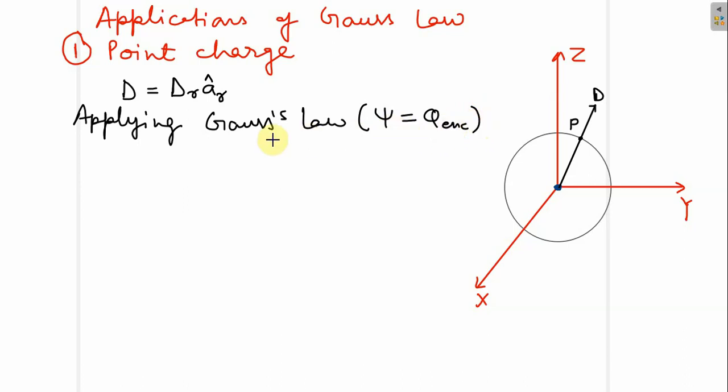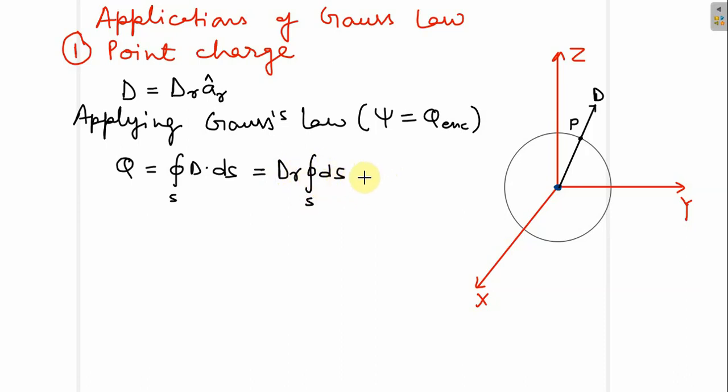So Q will be the closed integral of D dot dS. Why are we encircling this integration? Because we are talking of the closed surface. Now D is Dr here, so Dr can be taken out and the surface integral will be dS.